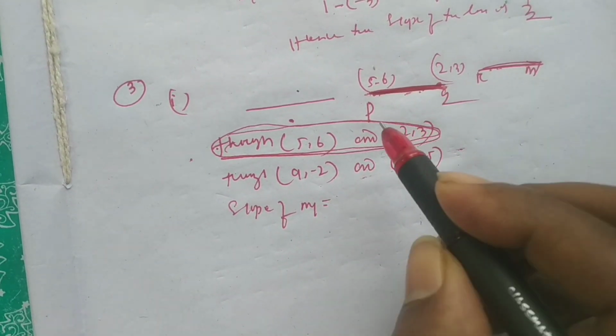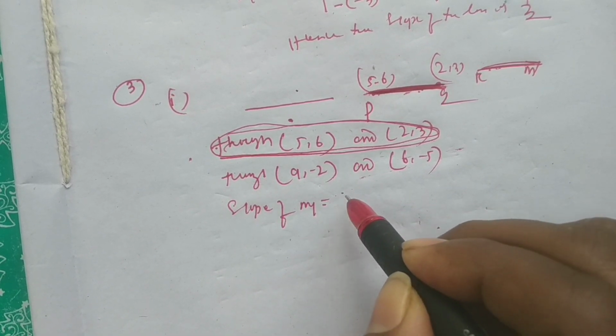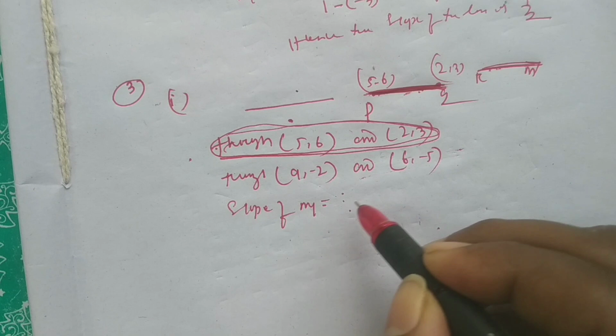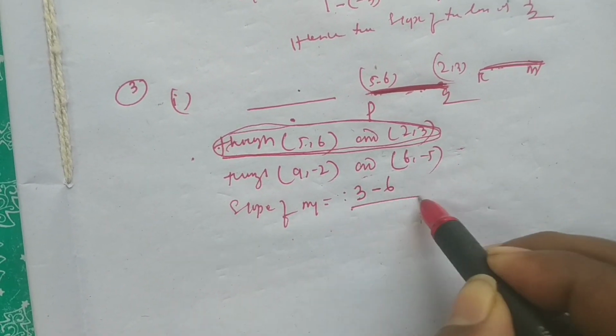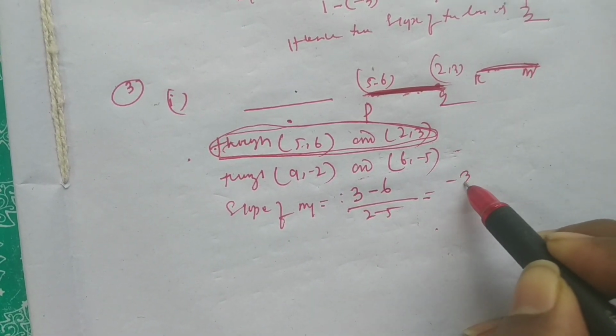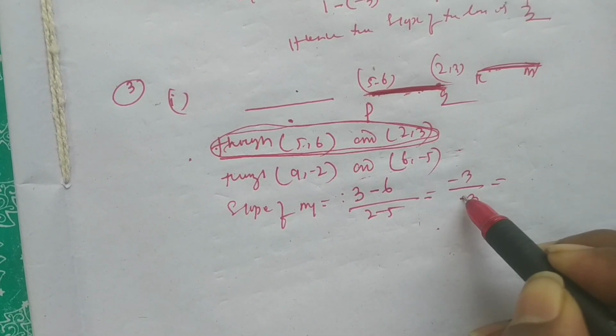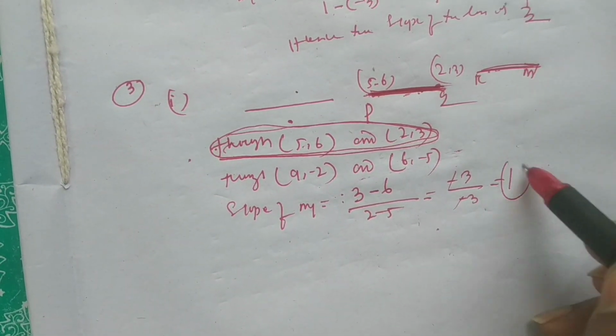What is the formula? We know y2 minus y1 by x2 minus x1. So 3 minus 6 by 2 minus 5, that is minus 3 by minus 3, the minus signs cancel, this is 1. The first slope is 1.